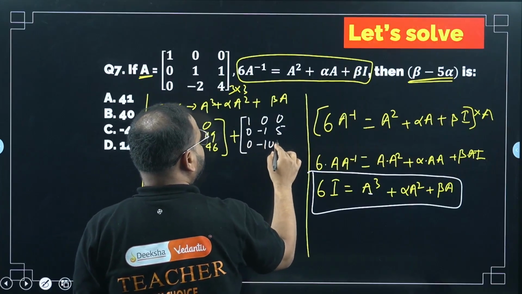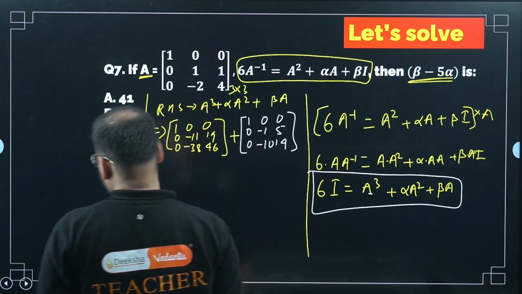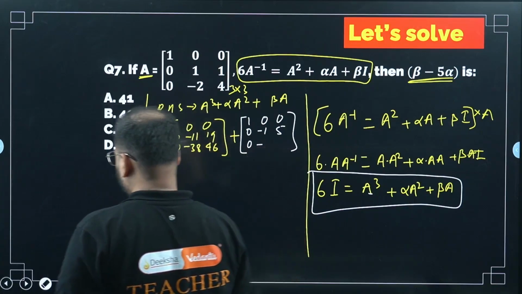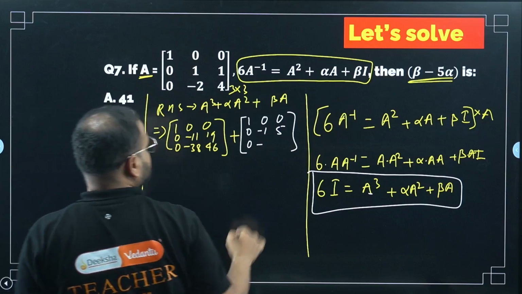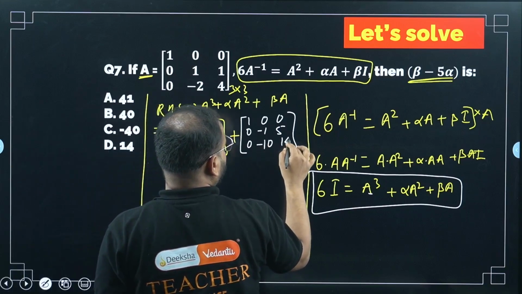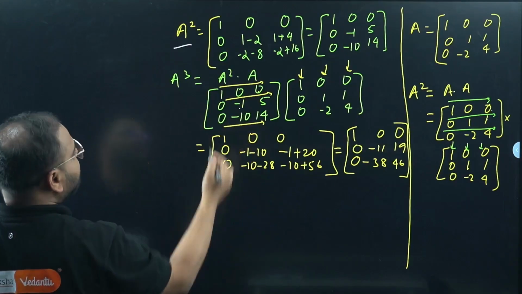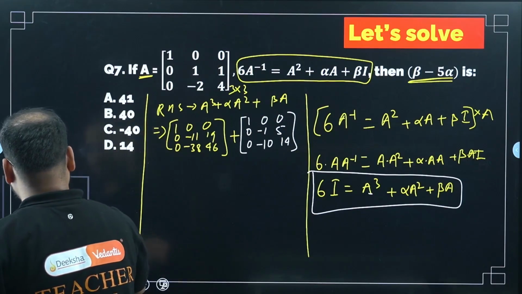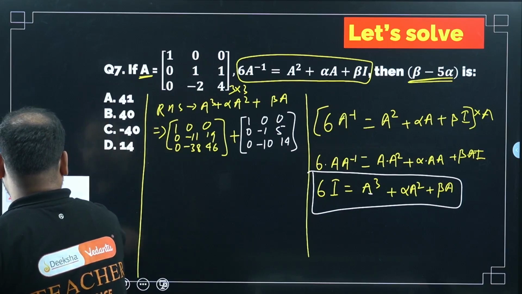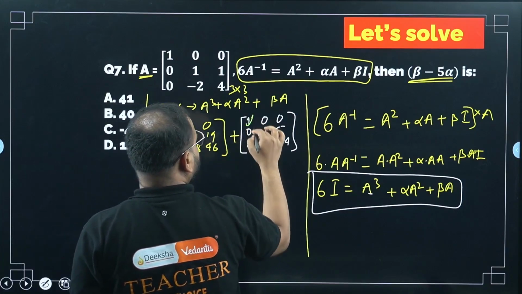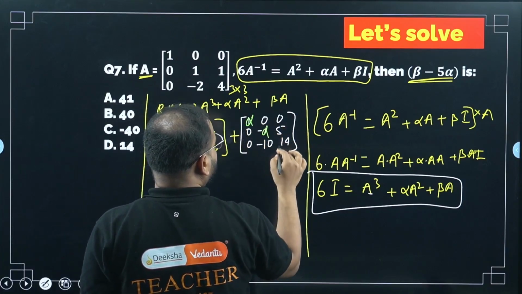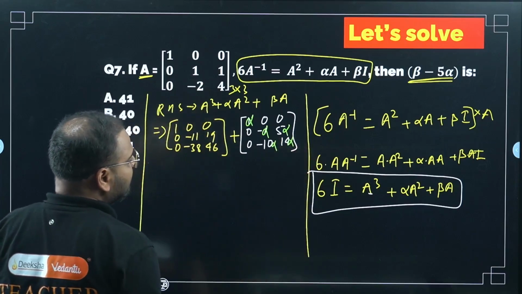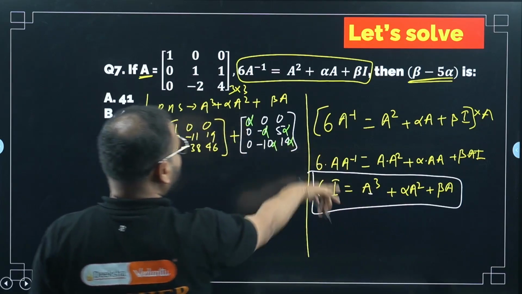This is not 10,000, this is not 1014, these are two separate terms, 0, minus 10 and 14. Multiplied with alpha, so wherever there is a number, I'll write alpha with it: alpha, 5 alpha, 10 alpha, 14 alpha. Correct, right? Alpha A square, so I've written alpha everywhere.